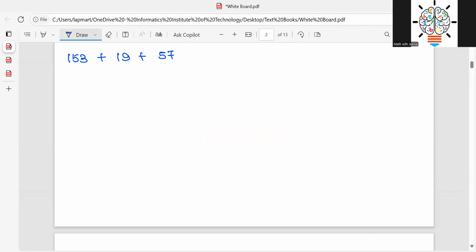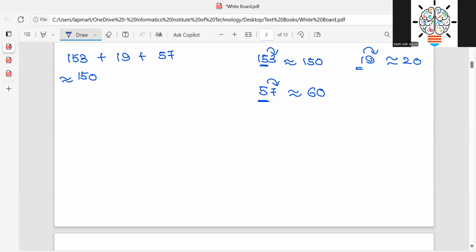Right? So when you have 153, you look at the nearest one, that becomes 150. 19 becomes 20. Then 57, the approximate is equal to 60. So you write approximately it is equal to 150 plus 20 plus 60.